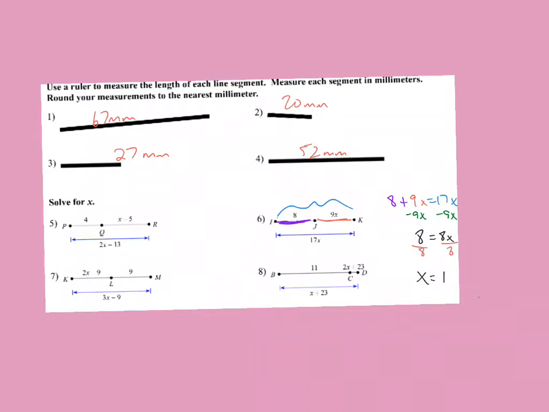Now in the future, I'll probably tell you to find the length of a segment. So I'll use some names of the segments. Like I might say, find JK. And at that point, you would say JK equals 9, right? Because you'd plug 1 in for x and you'd find that out.